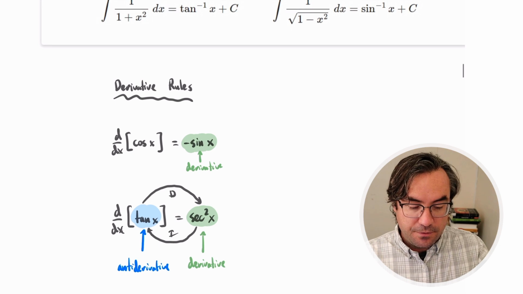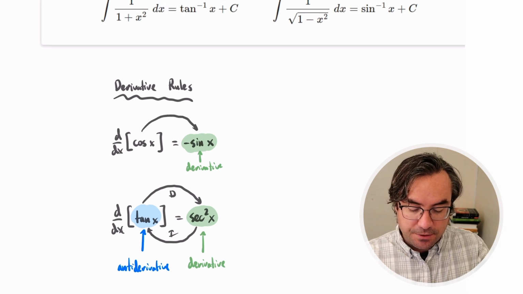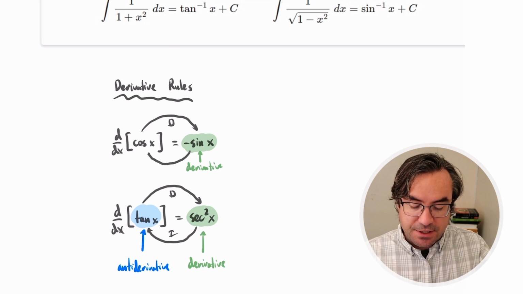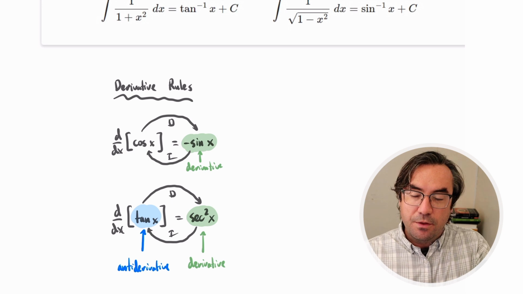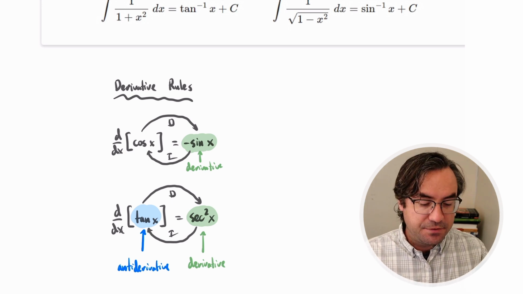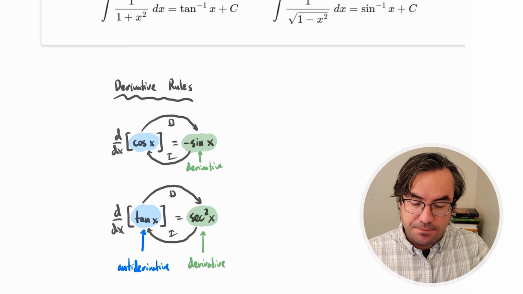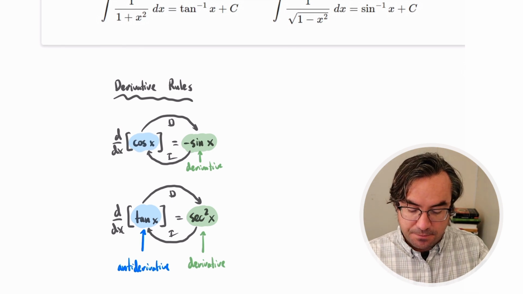If we were going in this forward direction, that would be the derivative. But if we were trying to integrate negative sine, if we were trying to go back, well, then the antiderivative of negative sine would be cosine. And that's what we're seeing in here. So that's our antiderivative.